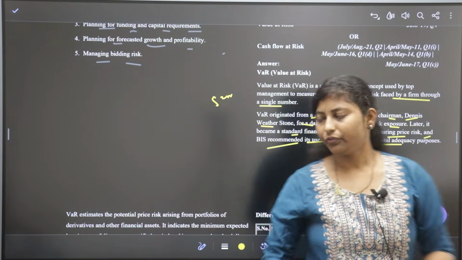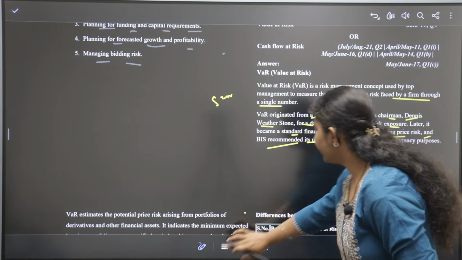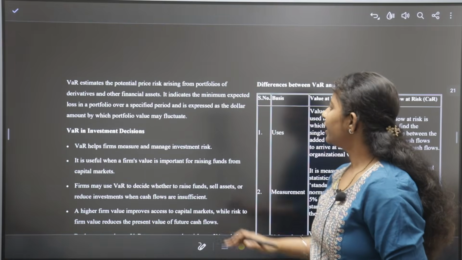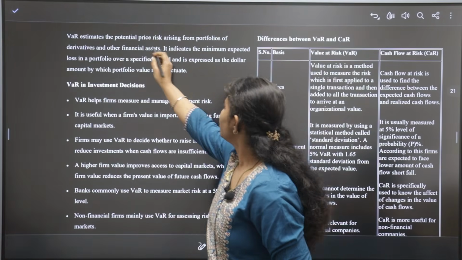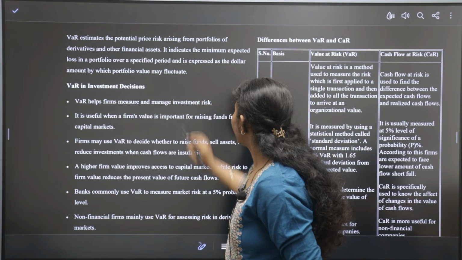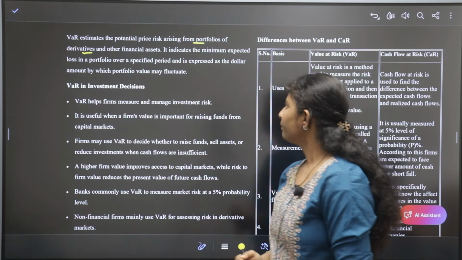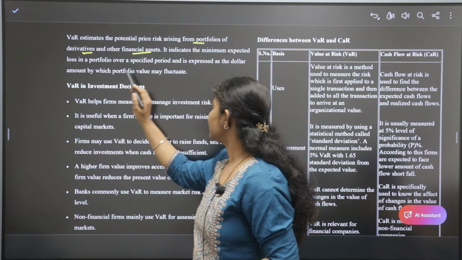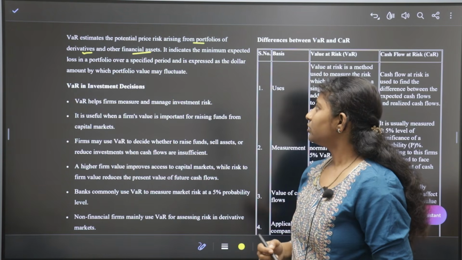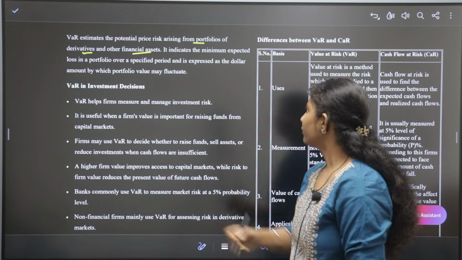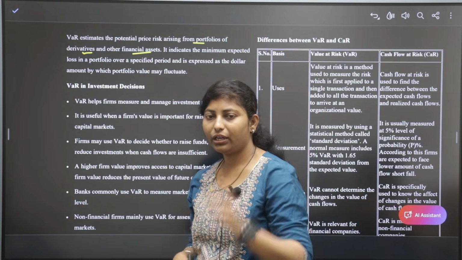So next, related to VAR, we'll discuss here. VAR estimates the potential price risk arising from portfolios of derivatives and other financial assets. So VAR finds the price risks from all the portfolios, from different derivatives.